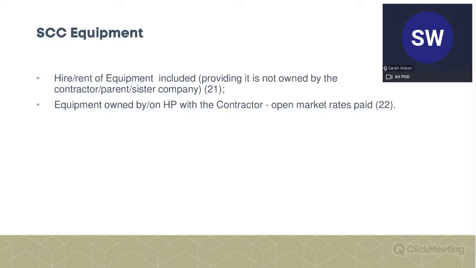This avoids the situation where a company approaches a parent or sister company to hire equipment, says well, I'm on option E, and they then increase the rates because both parties know they're going to recover it. So it's basically to stop any advantage being taken of the client. If the equipment's owned by the contractor or on hire purchase or whatever, then open market rates are paid.